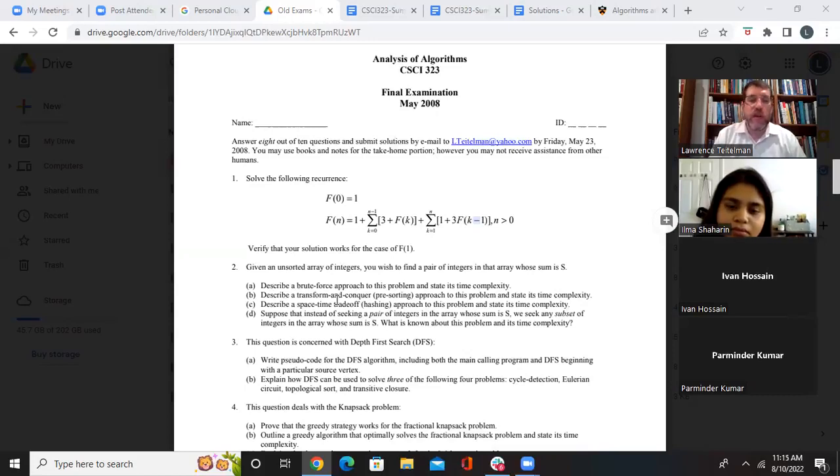Agree? Okay. Next one: describe a space-time trade-off hashing approach to this problem and state its time complexity. That's an interesting way of putting it. Basically, we put the numbers into a hash table, and now we don't need to do a binary search.